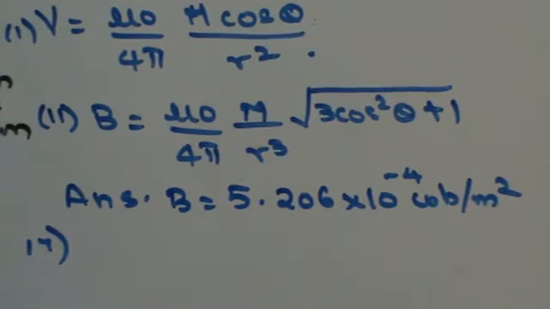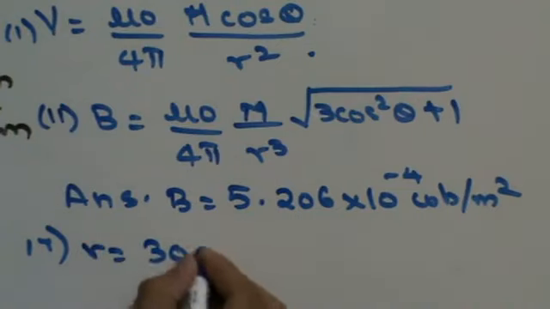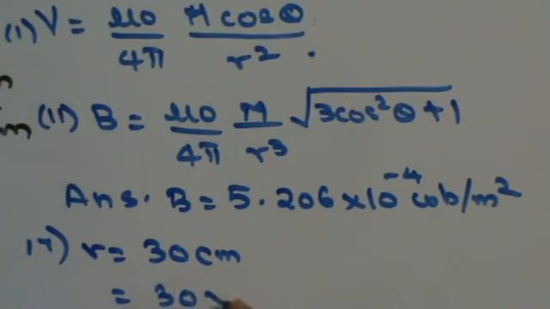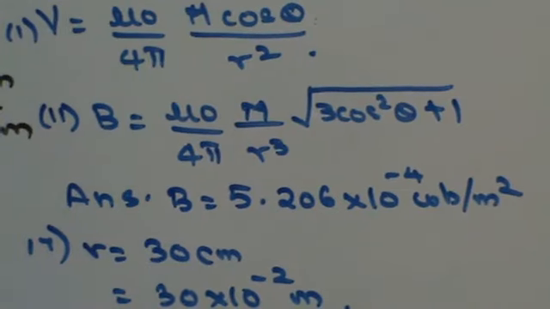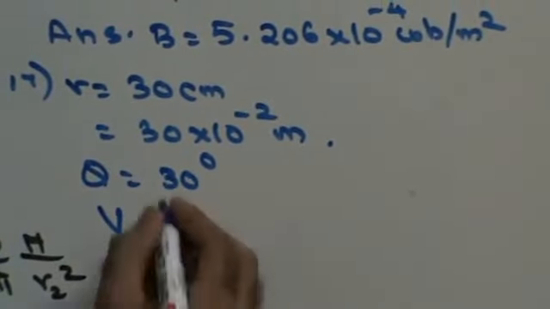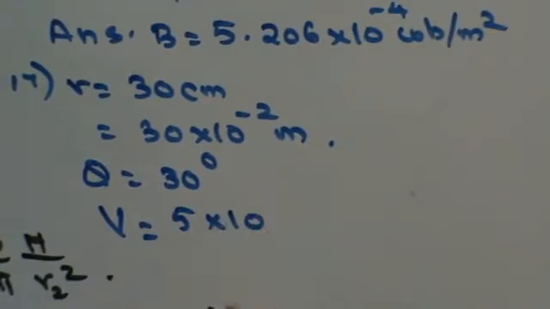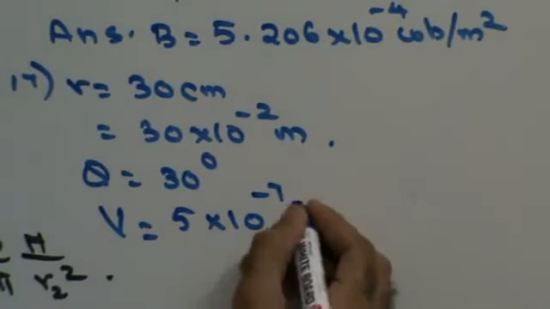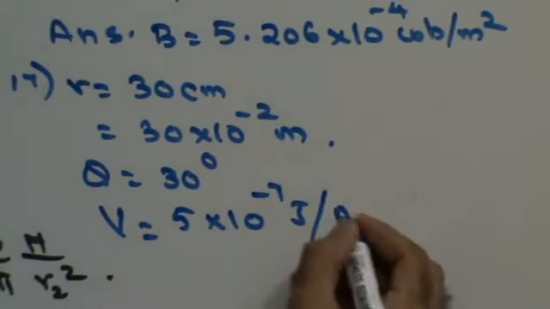The magnetic potential at a distance of 30 centimeters and at an angle of 30 degrees is 5 into 10 raised to minus 7 joules per ampere meter.